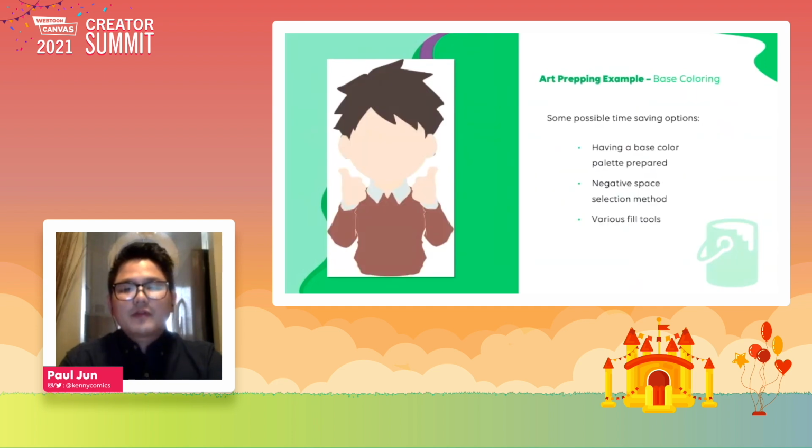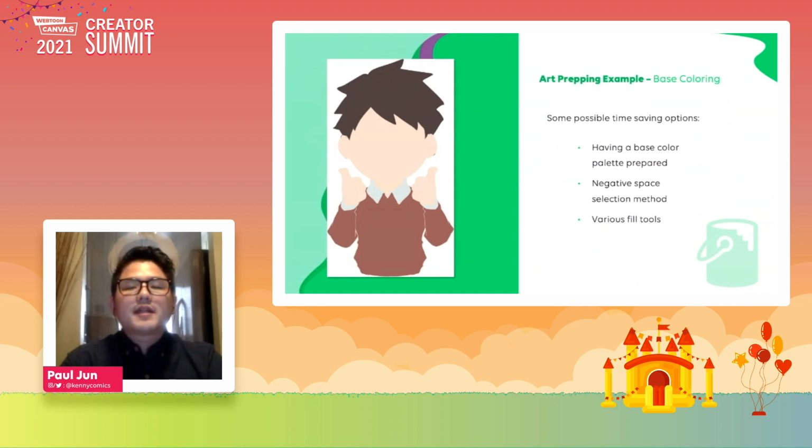In terms of prepping for the base coloring, some of the possible time-saving options are having a base color palette prepared, which is something that I showed. And there's also the negative space selection methods and some other base coloring methods where you could find tutorials online. Doing base color, yeah, it takes a lot of work, but in terms of doing the base color of a line comic, it doesn't require as much critical thinking, but it's closer to a process done by using a tool that has the right settings.